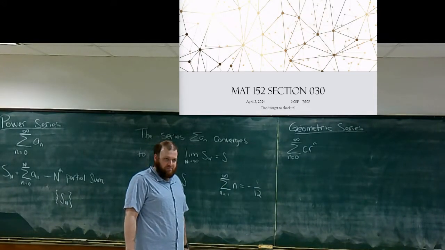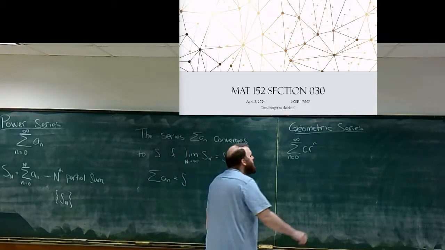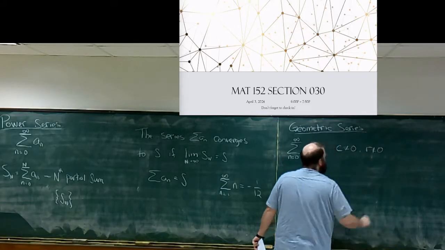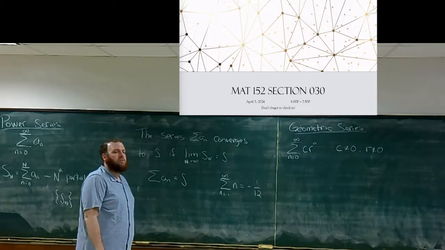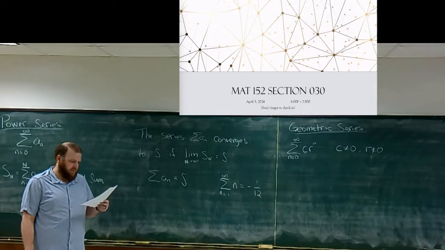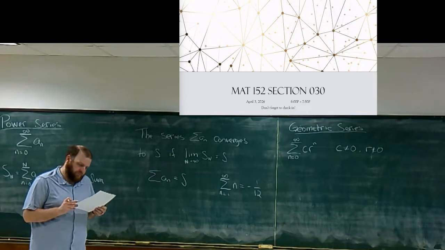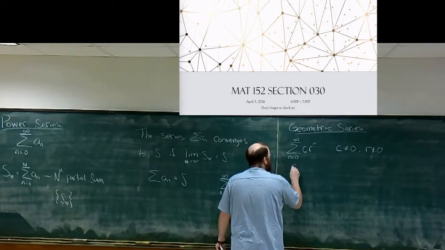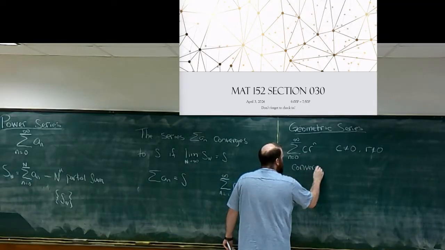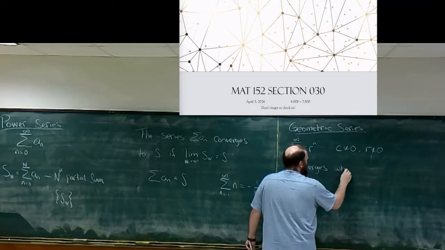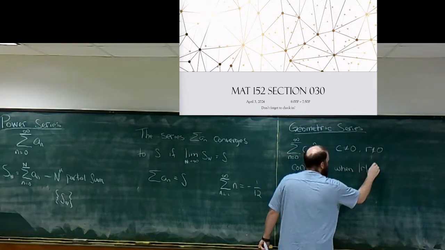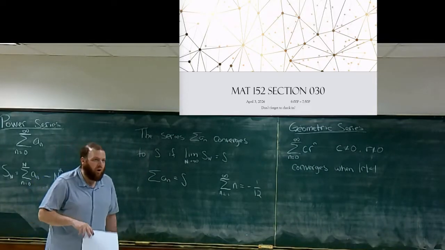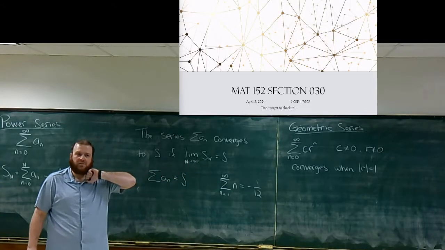So any series of this form, C times R to the n, where both C and R are non-zero, converges whenever the absolute value of R is less than 1. R is called your common ratio.